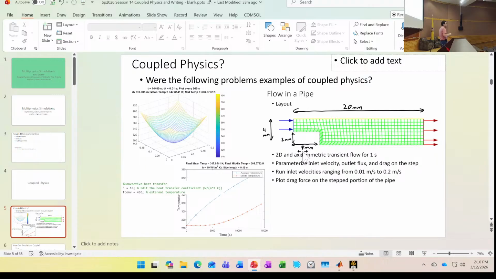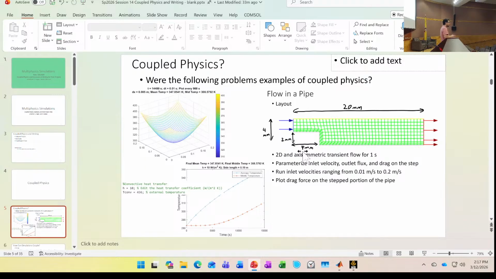But then that difference is multiplied by a constant, which has the variable h, and that's the convective heat transfer coefficient. So you're right. We didn't simulate the fluid around the turkey. That said, we did make some approximations so that we could essentially capture that behavior. You had to pick a heat transfer coefficient, and you had to pick a thermal conductivity of the turkey to make everything cook in a reasonable amount of time.